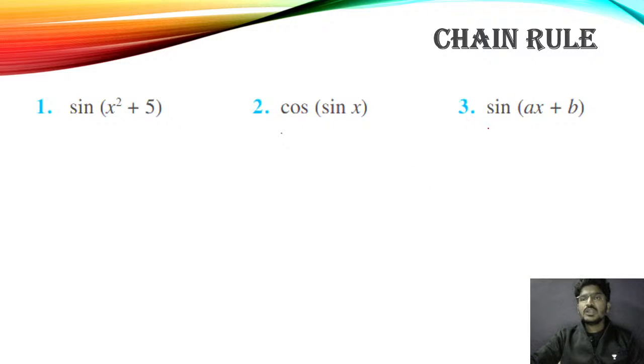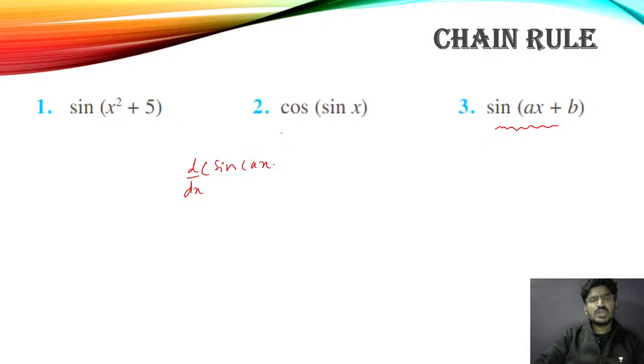Okay, now let us go for sine of ax plus b. The differentiation of sine of ax plus b. Clear? So again here sine is f, g is ax plus b. So first we have to differentiate f with respect to g of x, multiplied with differentiation of g of x. Are you getting my point?